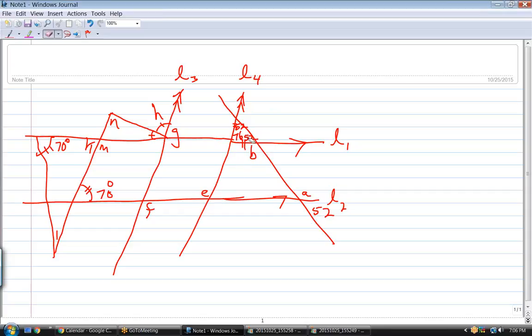Now that we know that's 52, what's B? 52. Or my bad. What do they call? What are those angles called? Um, they're a linear pair.